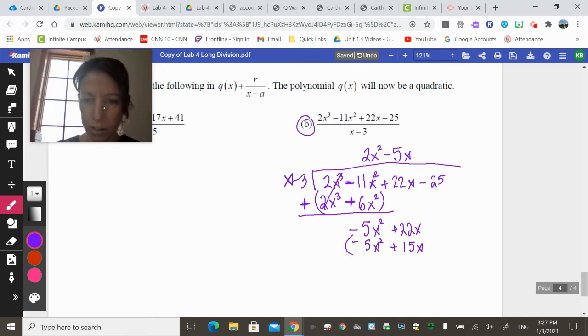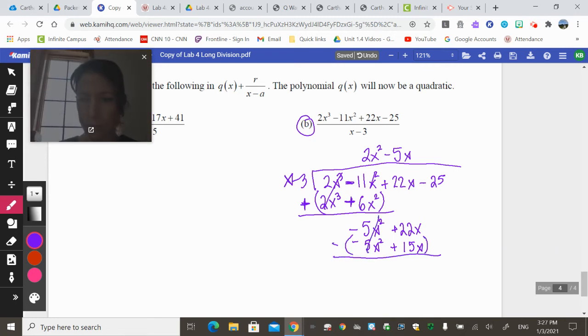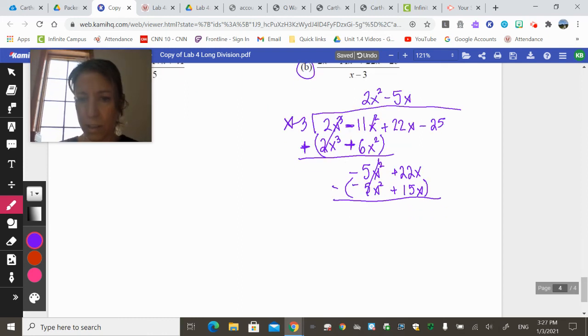And then I subtract. Okay, so I'm going to subtract. And 22x minus 15x is 7x. And I bring down the negative 25. And then again, I repeat. So this has to be a positive 7.